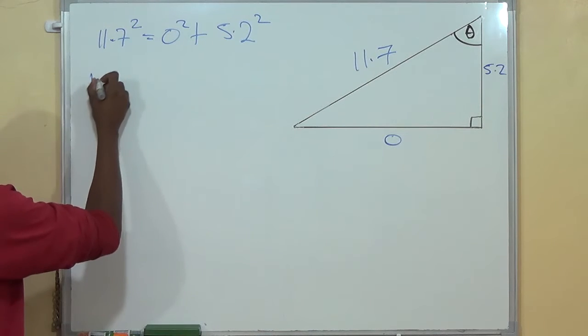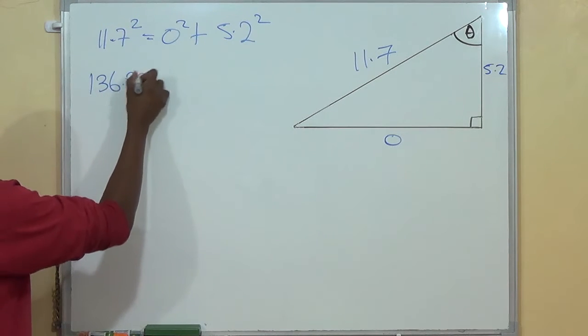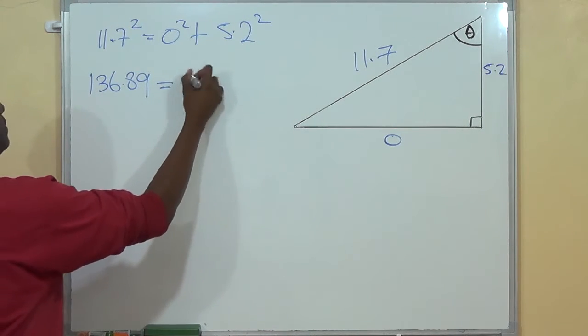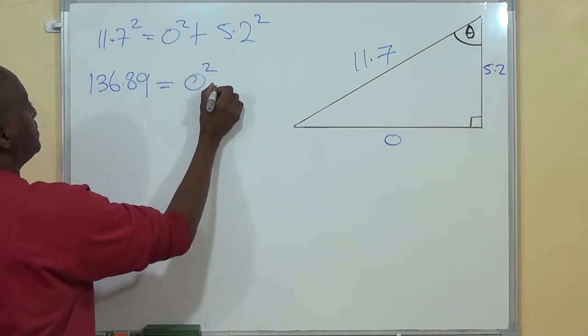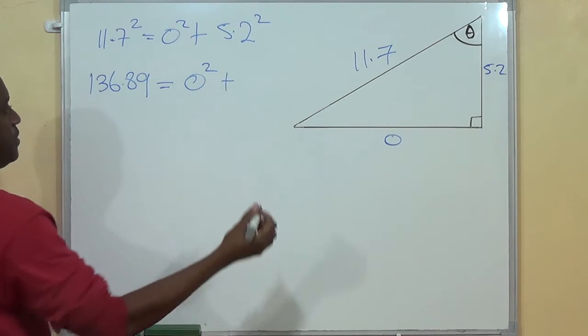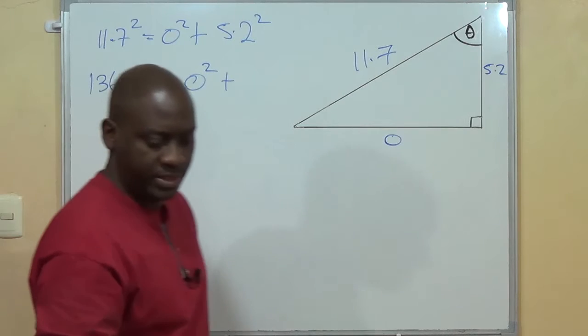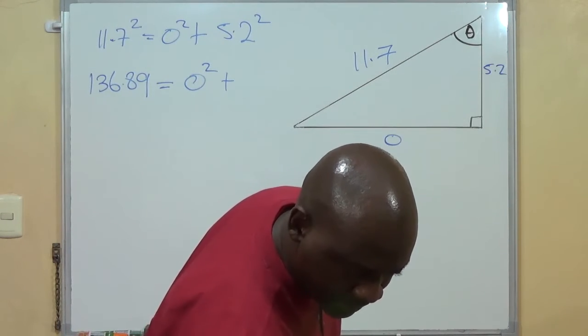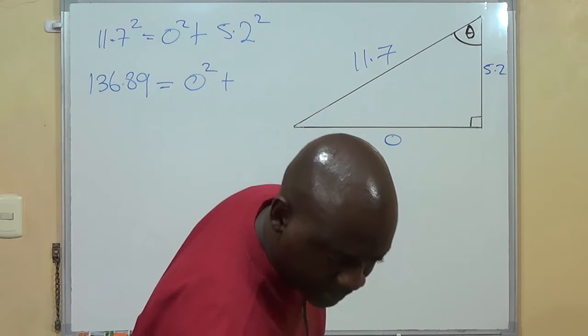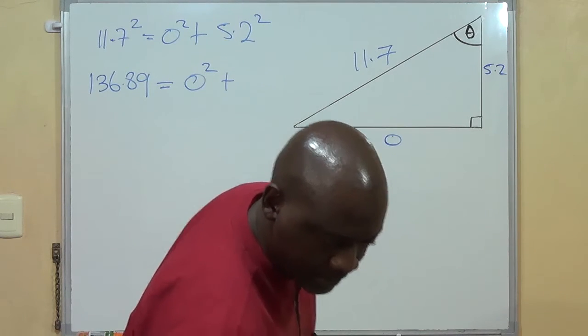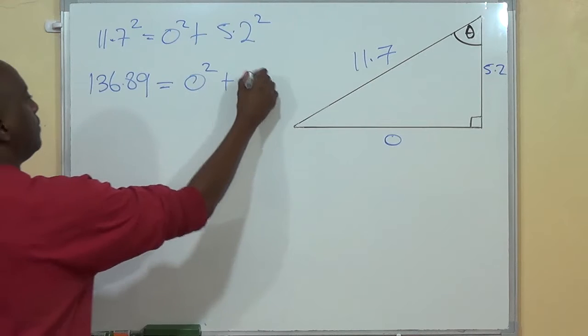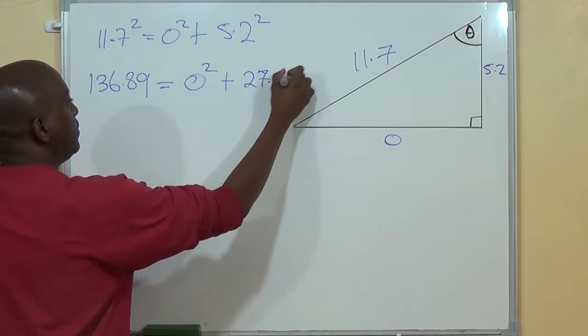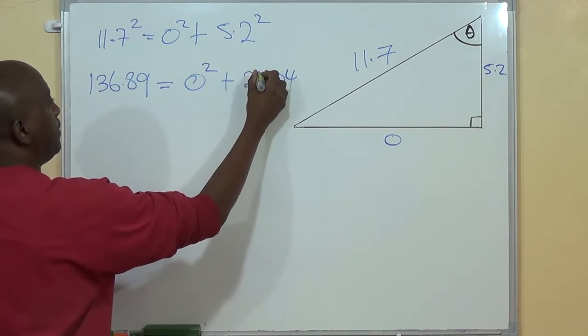So 136.89 is equal to opposite squared plus 5.2 squared, which is 27.04.